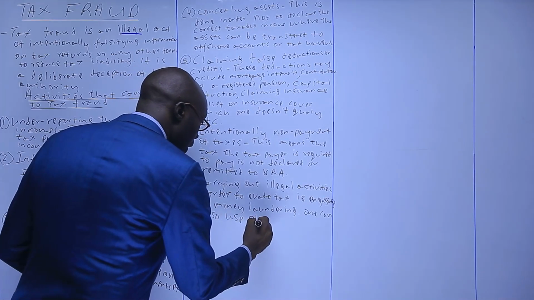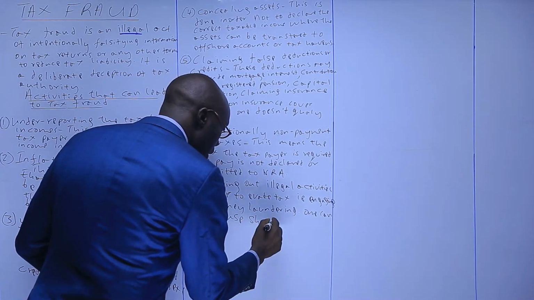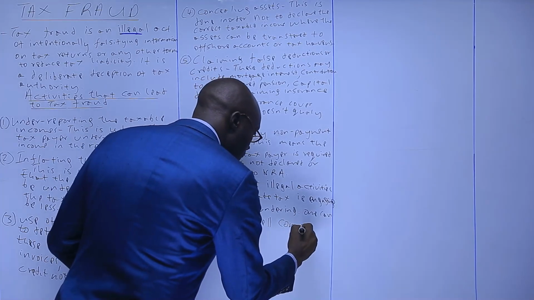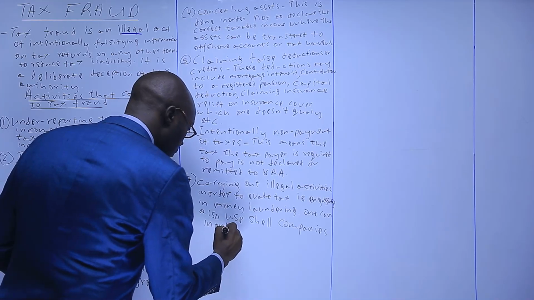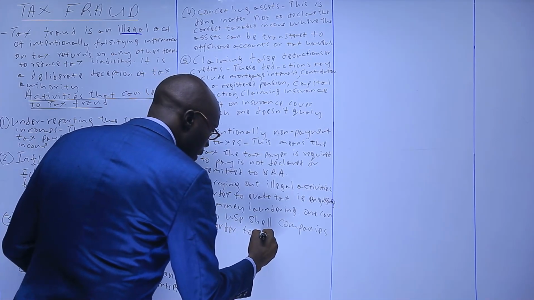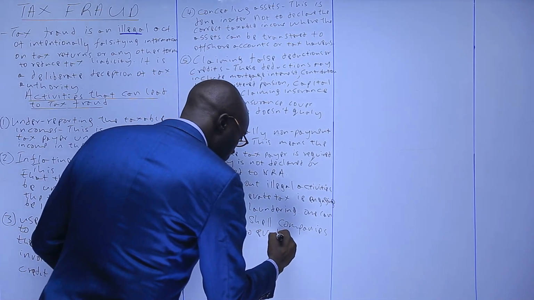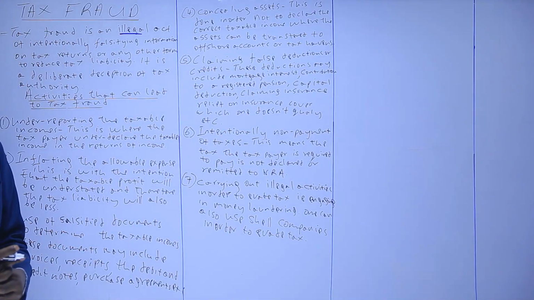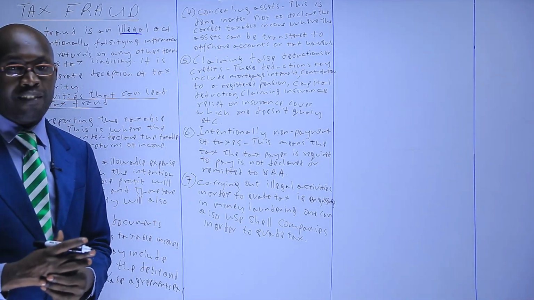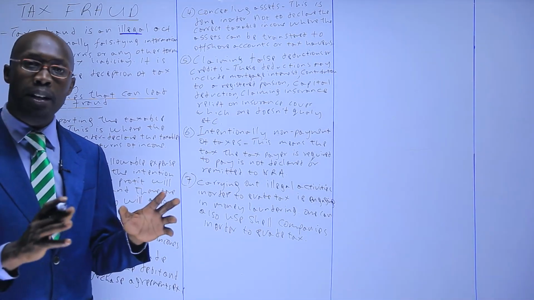use shell companies in order to evade tax. Shell companies are companies which are registered with the government, not purposely for the purpose of doing business.